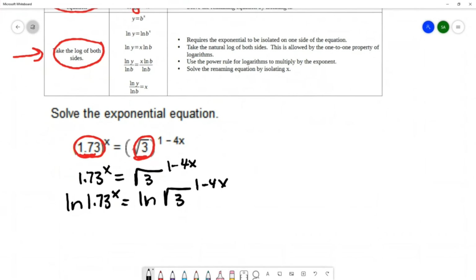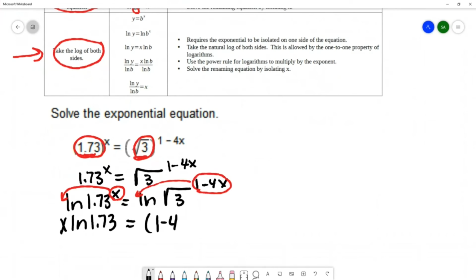Once you introduce the log, you have log properties that are available, and the one we're going to use is called the power rule. The power rule for logarithms allows us to take that exponent and move it to the coefficient of the log. So that will give x natural log of 1.73 equals 1 minus 4x times natural log square root 3.